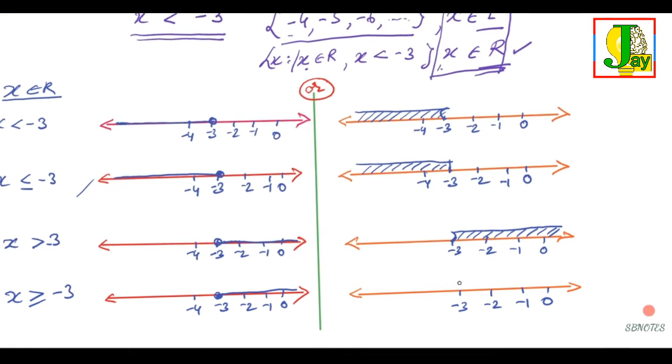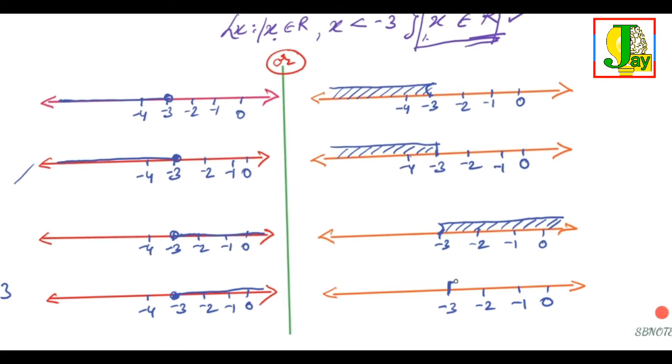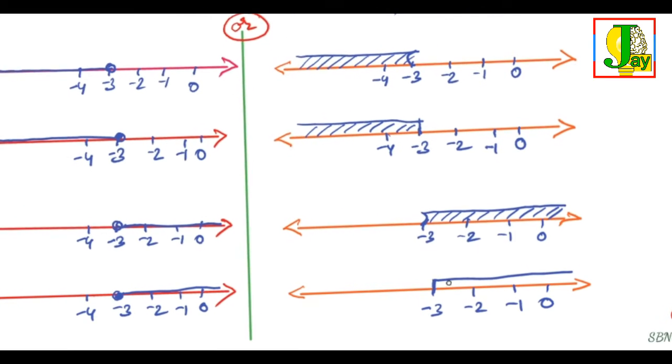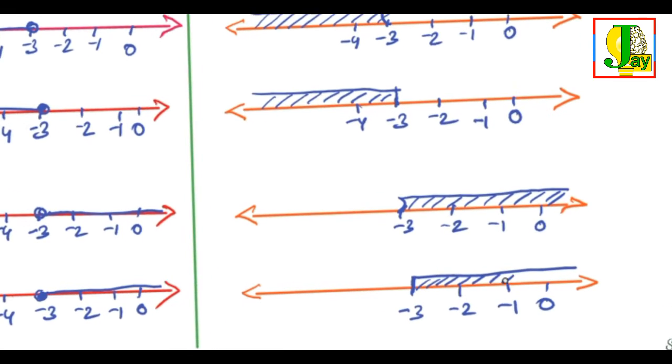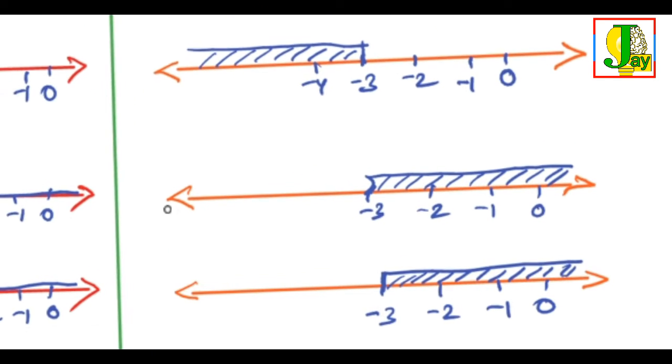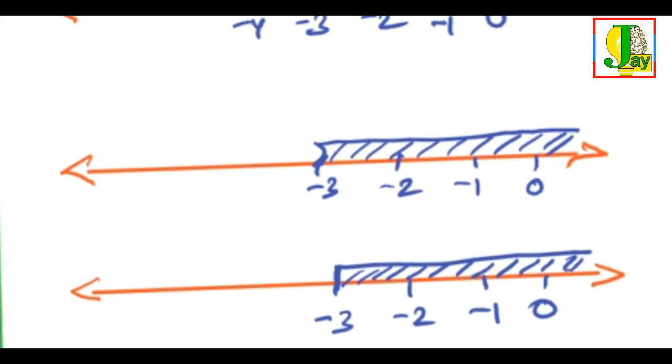Here it should be a straight line. Complete the stripes. So you should be able to make out the difference.